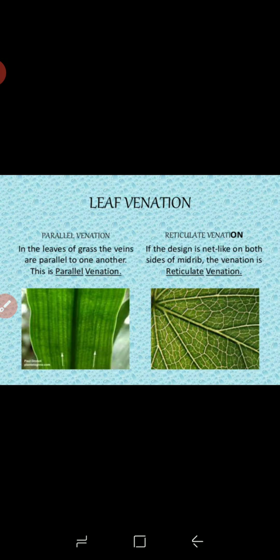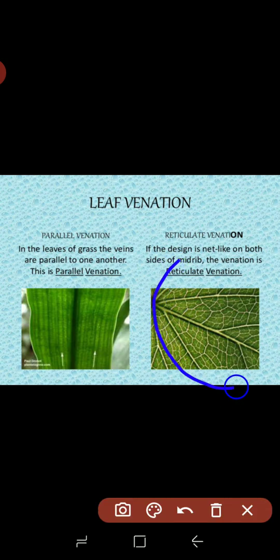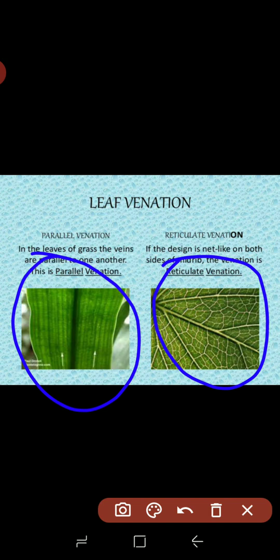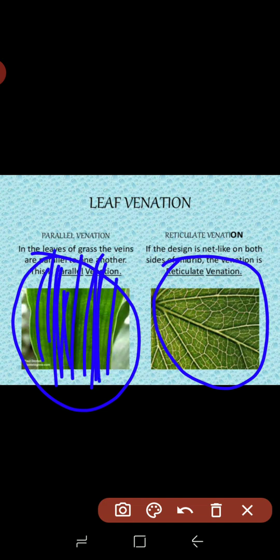Okay, when you see the papaya tree, or the China rose, as you know, hibiscus, in the leaf you can see the reticulate venation. But when you see the banana leaves and also grasses, you can see parallel venation. Okay, so there are two kinds of venations.